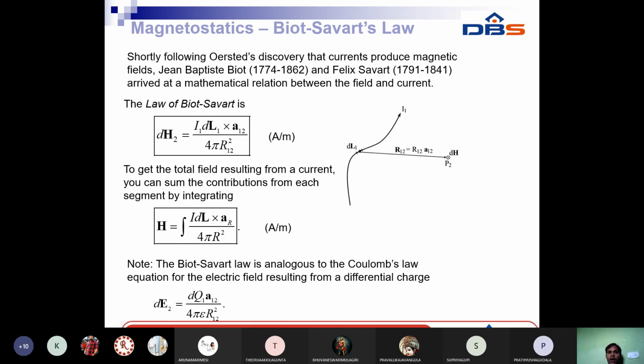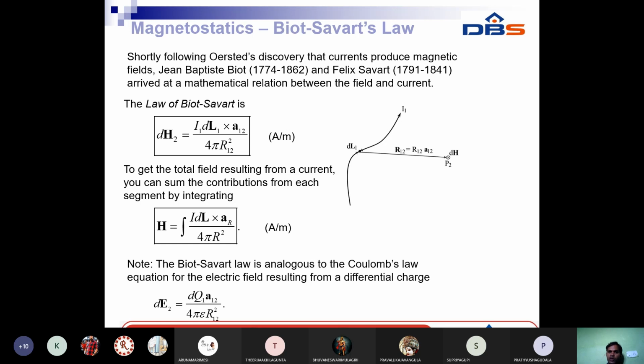I'm once again saying, listen carefully. Assume there is a current carrying conductor. This is the line which is current carrying, and in this line the current is I1. I am picking one sample element from the line, considered as dL, a differential length.